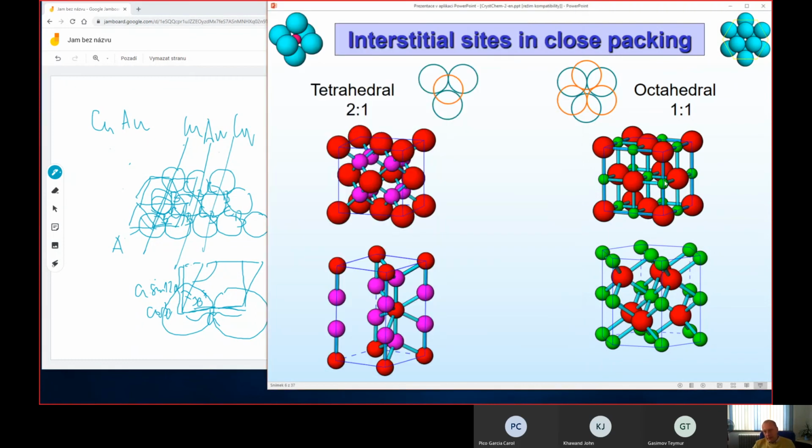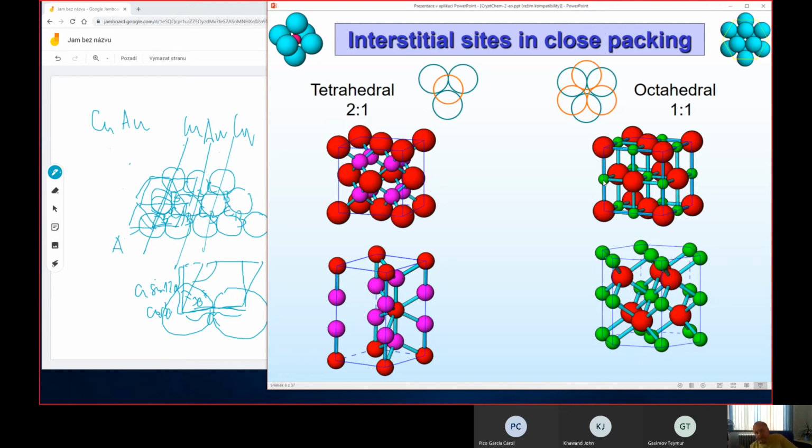But in the cubic unit cell, the octahedral sites are quite simple to view. They are all on the edges, and one is in the center. You see that there are 6 atoms in an octahedral arrangement around this central atom.